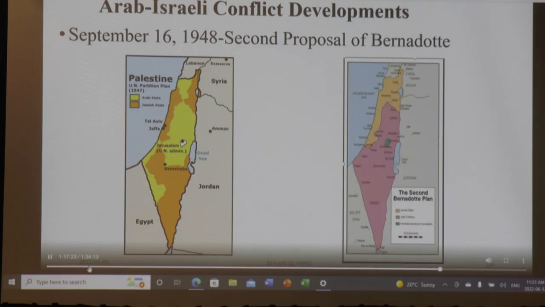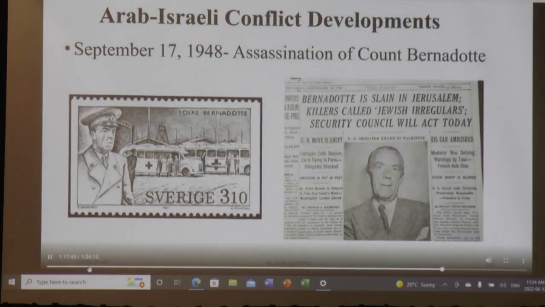Now, since September of 1948, Count Bernadotte, the UN mediator, is proposing a different plan than the partition plan. Under this plan, the Jewish state is in the orange, as you see, and then Bernadotte comes up with a second plan where a lot of the territory is considered to be Arab territory, with very little territory going to the Jewish state.